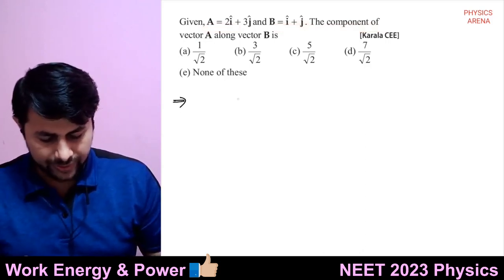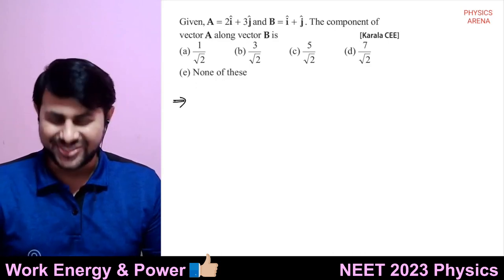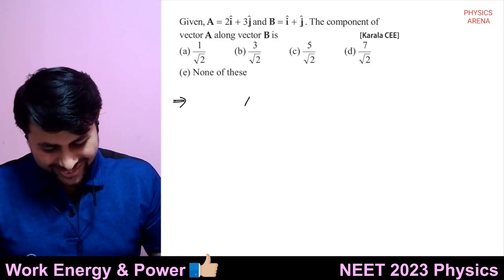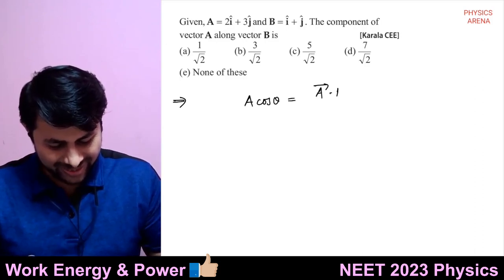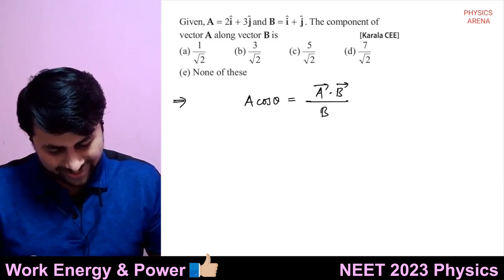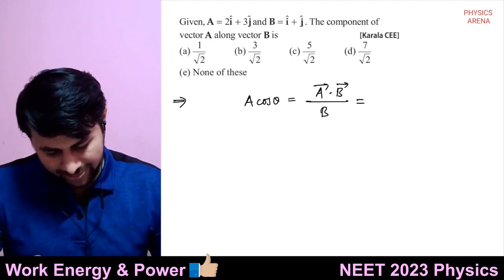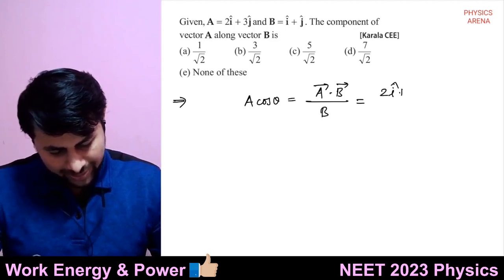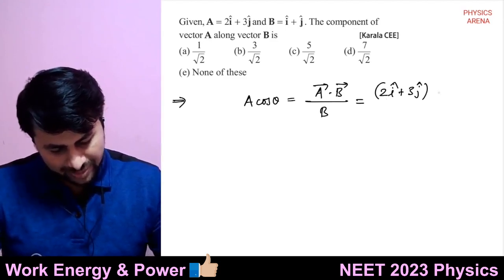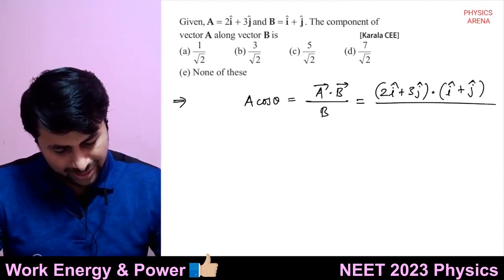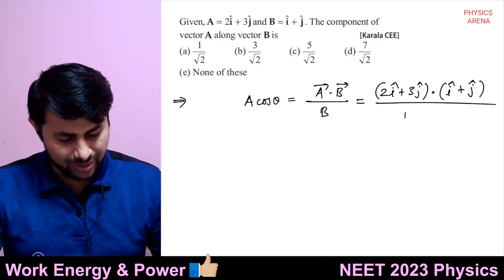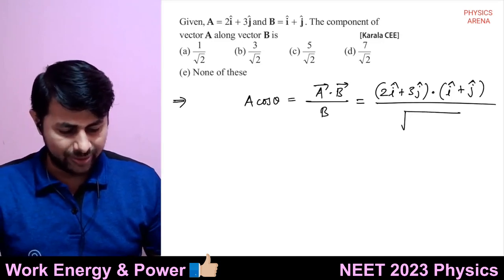So it is A times cos theta, and it is A bar dot B bar divided by magnitude of B. Let's find it out. 2I cap plus 3J cap, its dot product with I cap plus J cap, divided by magnitude of B, which is square root of bx square plus by square.